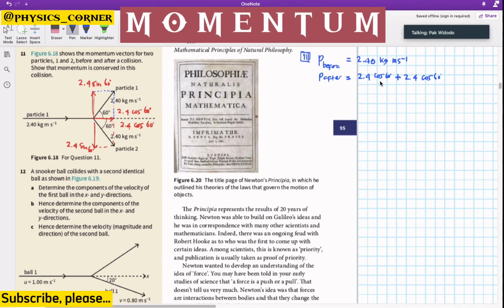Cos 60 is a half, this is also a half, so this is 1.2 plus 1.2, the same as 2.4 kilogram meter second minus 1. So between them it is the same.